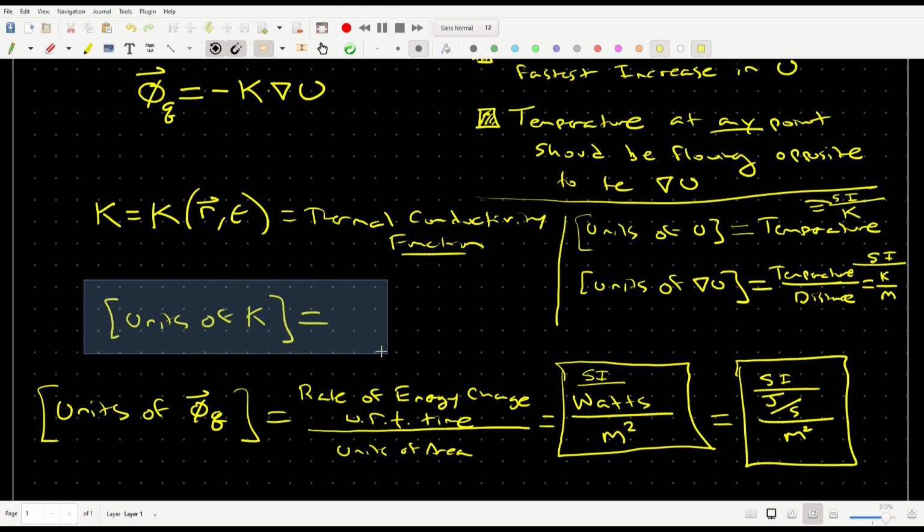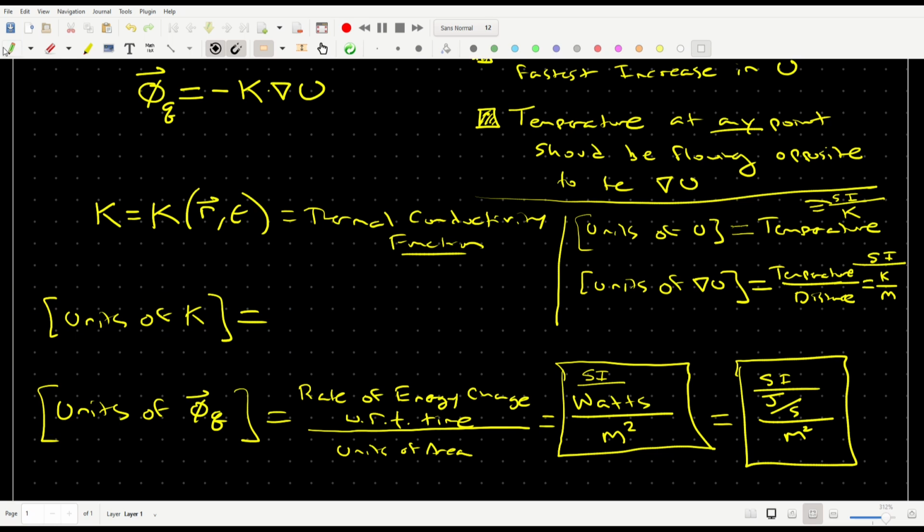So the units of this thermal conductivity have to end up being rate of energy change with respect to time over a unit of area.